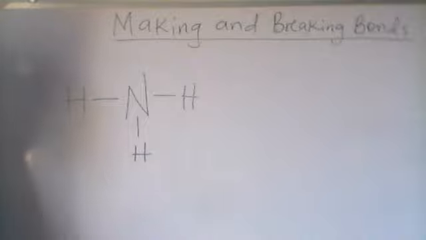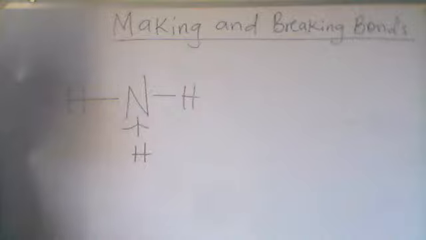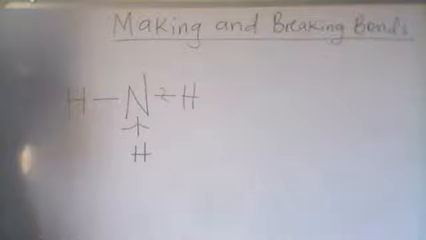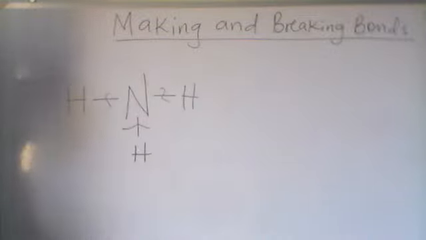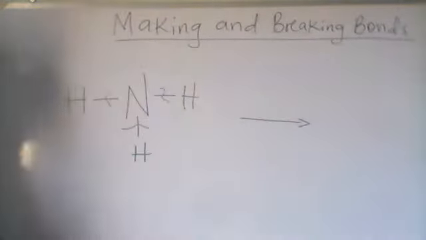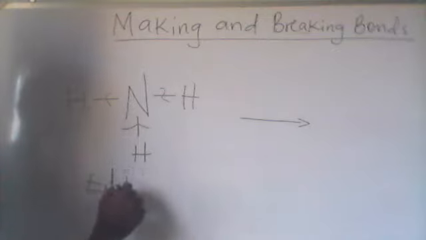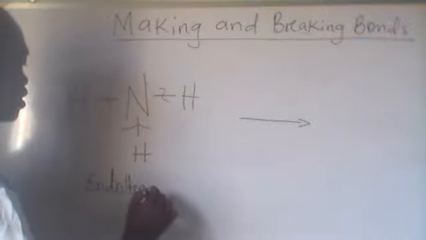For a chemical reaction to take place, this bond needs to split. Can you see? So the moment you break this bond, then new bonds will be formed. So here is endo, here is endothermic.